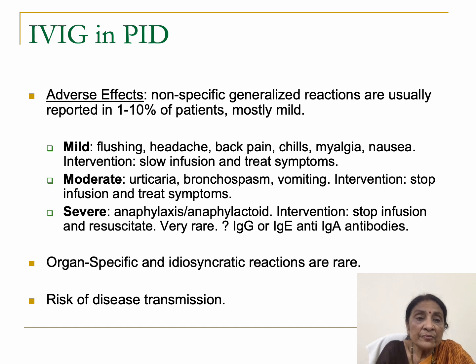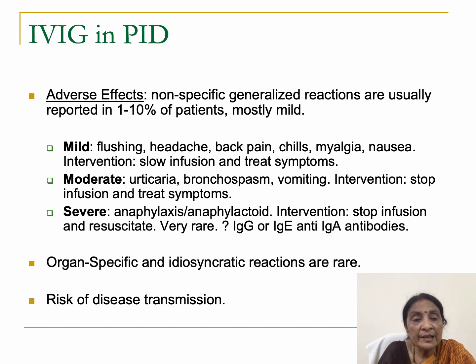Now, the adverse effects. Non-specific generalized reactions are usually reported in 1 to 10% of patients. They are mostly mild, such as flushing, headache, backache, chills, myalgia, nausea, and the intervention is slow infusion and treat the symptoms. Moderate, like urticaria, bronchospasm, vomiting, intervention is stop infusion and treat symptoms.